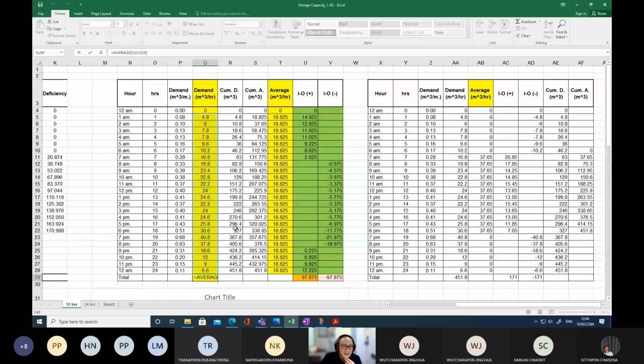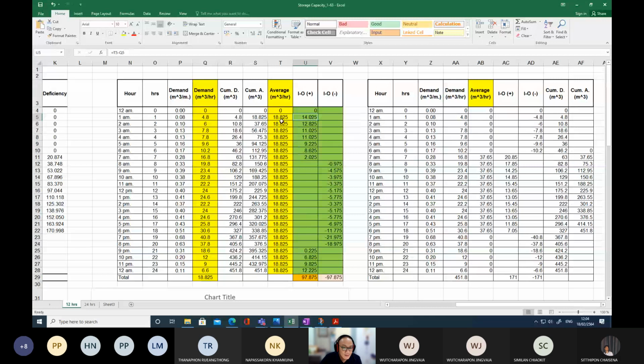We can do it by taking the summation of the 24 hours and dividing by 24, the average value of this. So you will get the average flow over 24 hours. Then we pump constant flow rates.